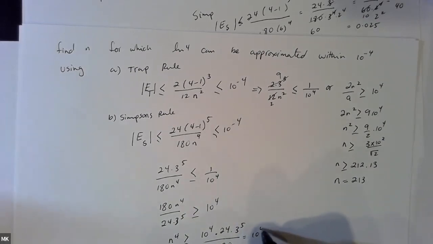That's going to be 10 to the 4 times 32.4. n has to be greater than or equal to 10 times the 4th root of 32.4.